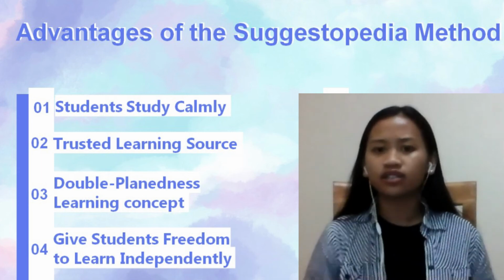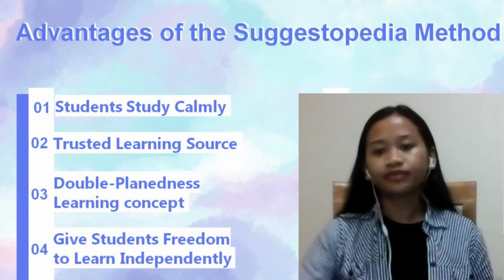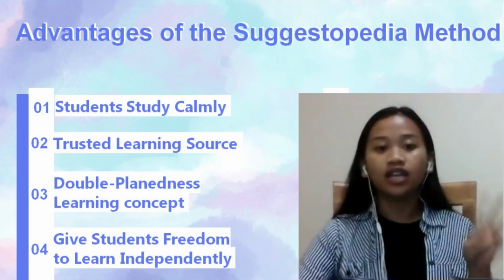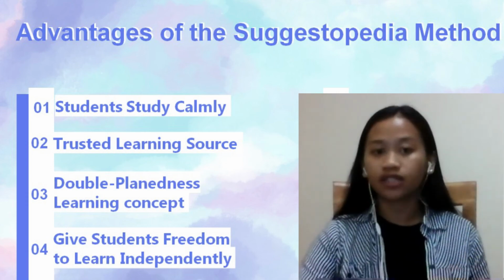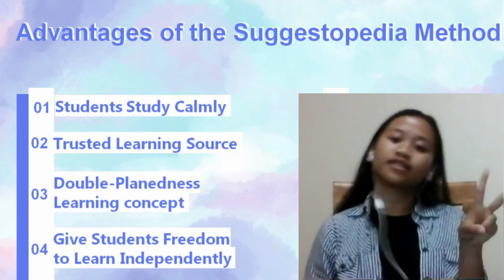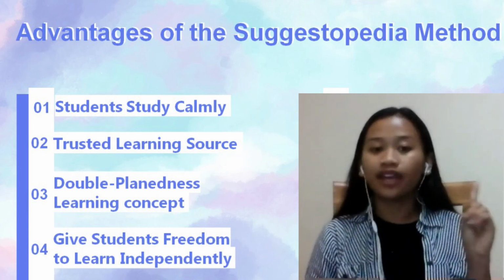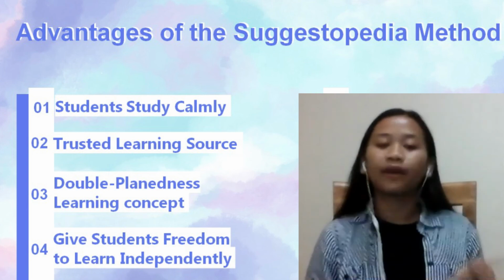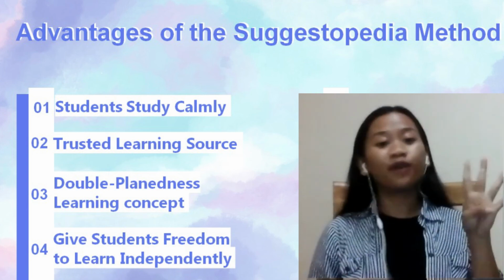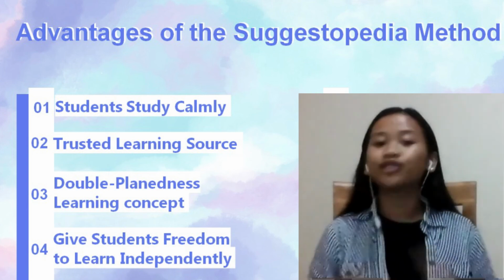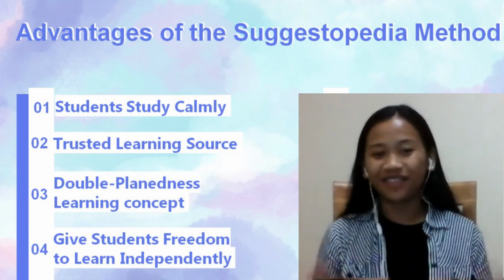The teacher is trusted more by students. And then the third one is the double-planed learning concept. There are two processes in the learning. The first is direct learning, and the second is indirect, through peripheral learning. The next one gives students freedom to learn independently.